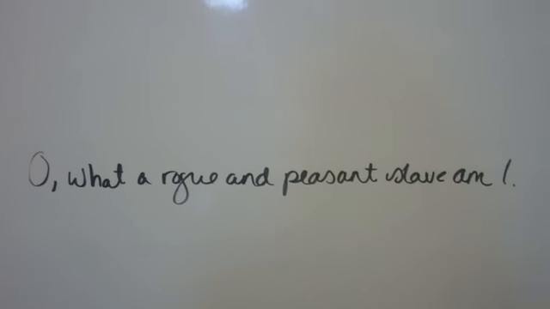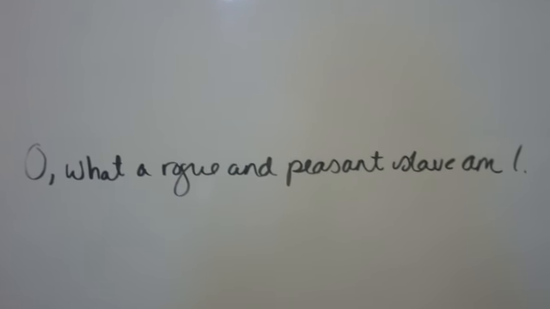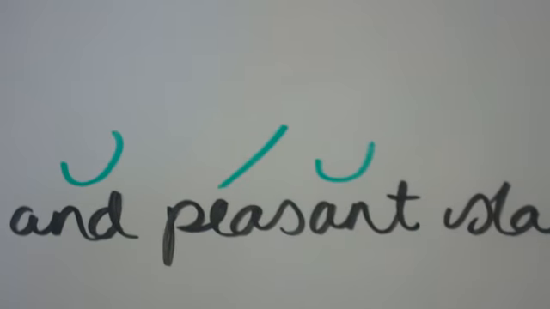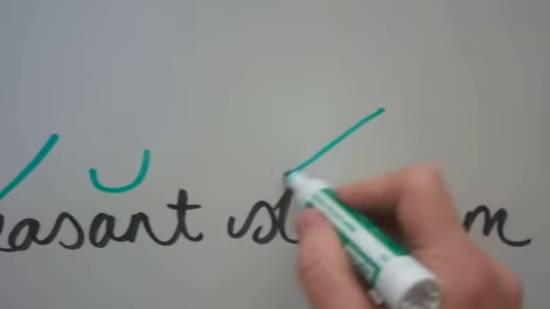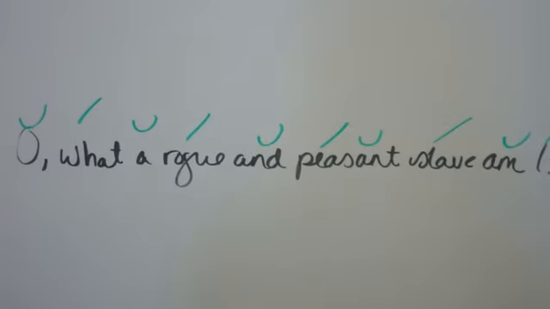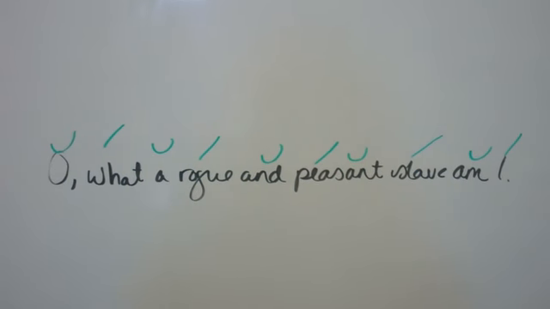Now, most of that is monosyllables, so you can fit the iambic pentameter really neatly on top of it. "O, what a rogue and peasant," right? Not "peasant," but "peasant slave am I." And that works. Perfectly regular.